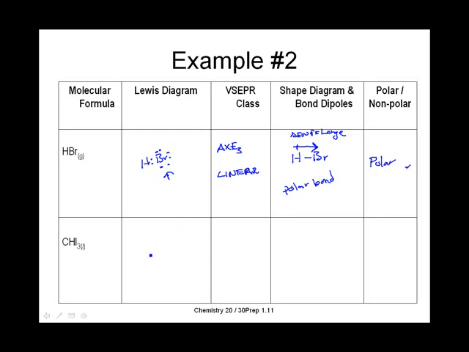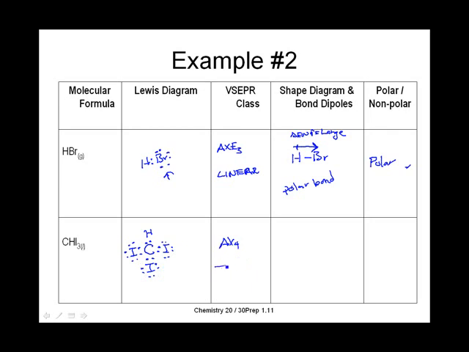Alright, CH3I. We're going to have carbon. It has 3 hydrogens and 1 iodine. The iodine has 8 valence electrons. And so it is an AX4 molecule.